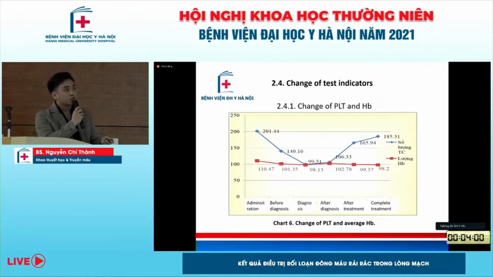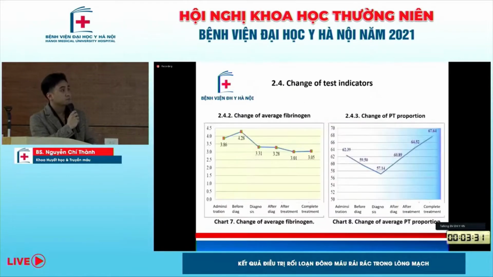In the result of the treatment, we find changes in the examinations, especially in the platelet count and hemoglobin. The platelet count was lowest at the diagnosis time and increased significantly after treatment. Meanwhile, hemoglobin is stable at a mild level of anemia. Fibrinogen decreased but is still in the normal range.